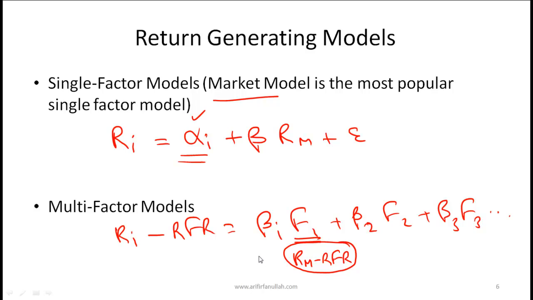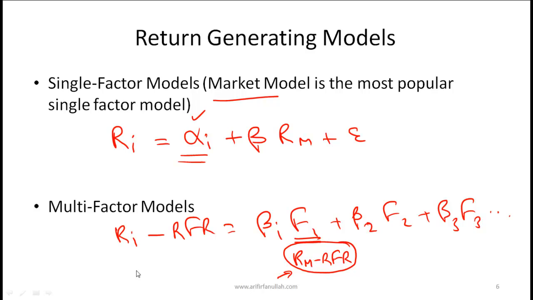So this is telling us, for a given stock, how sensitive the return is to the market risk premium. Recall from earlier lectures that this term over here is also called the market risk premium.